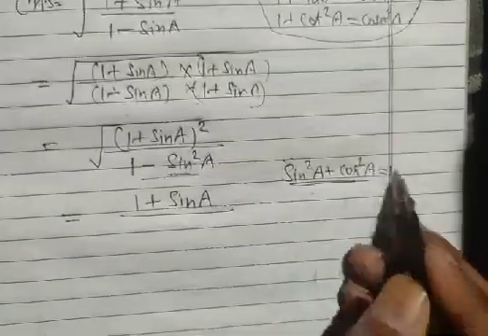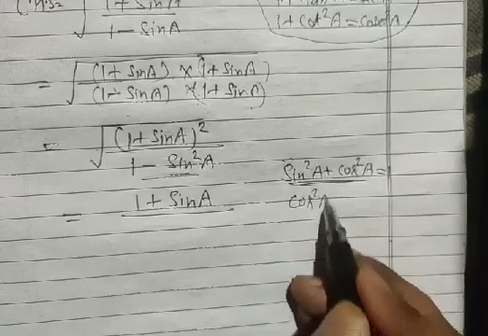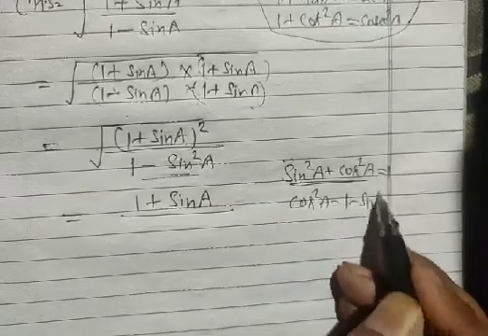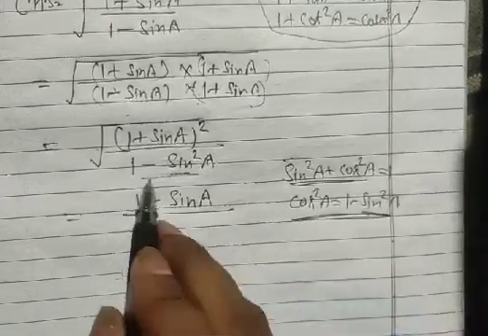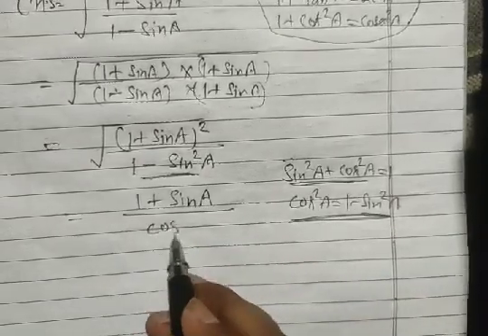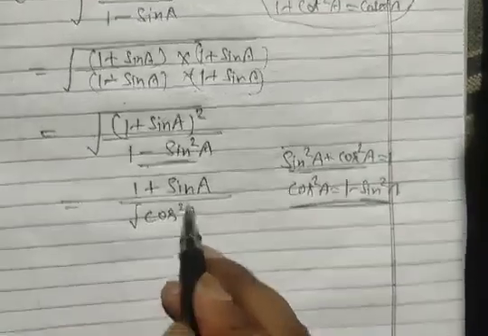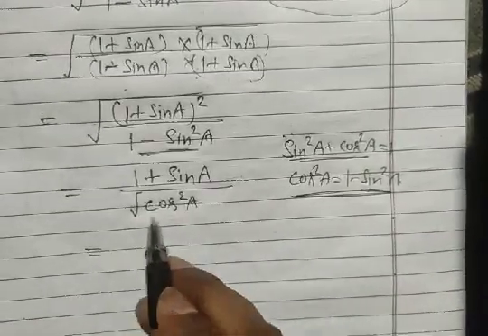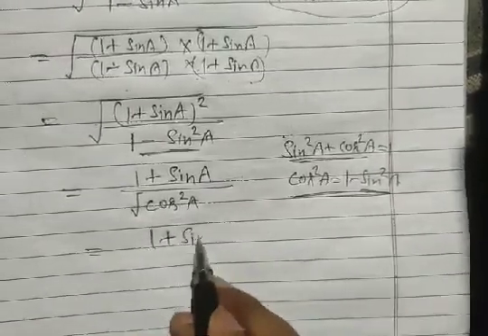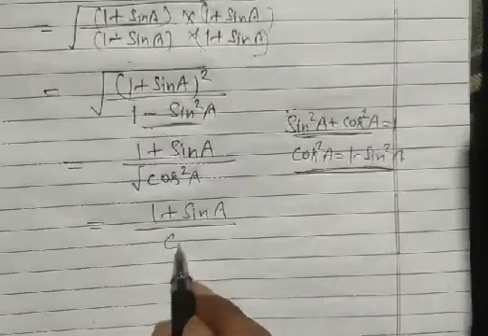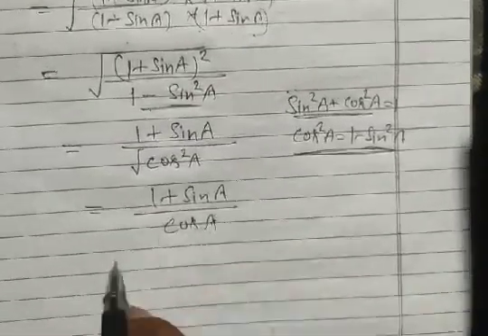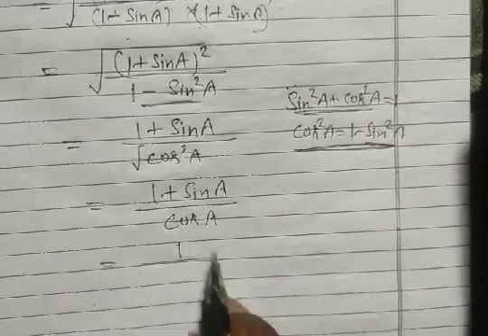If we substitute, 1 minus sin square a is equal to cos square a, since sin square a plus cos square a equal to 1, so cos square a is equal to 1 minus sin square a. Using this, here we have under root cos square a, and taking it outside the root, we have 1 plus sin a upon cos a.